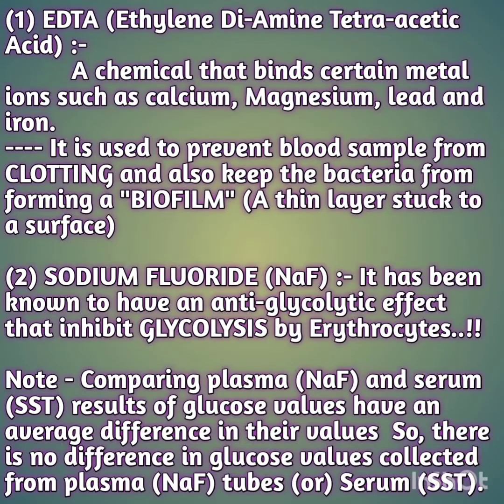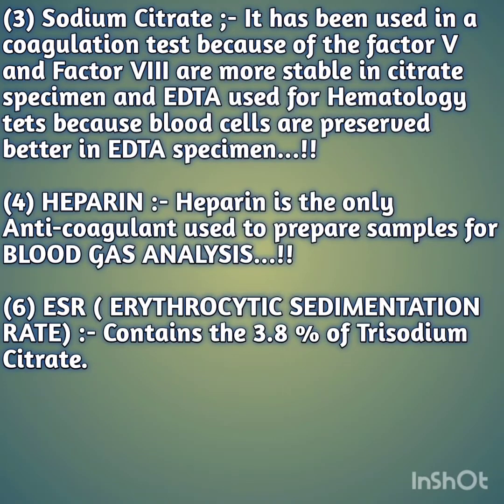And EDTA is against clotting. For the gray tube and yellow tube, for sugar samples you can use both the gray tube and also the yellow tube for the sugar parameters. And heparin we use for arterial blood gas, that is all the blood gases, arterial blood gases or venous blood gases or anything. Next, for erythrocyte sedimentation rate we use the Westergren or black top vacutainers.